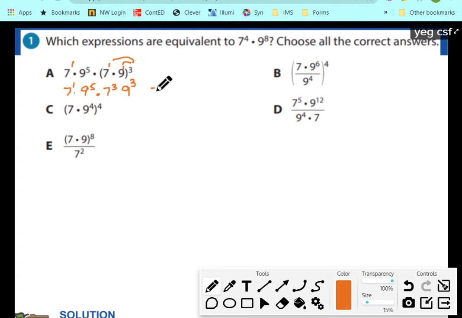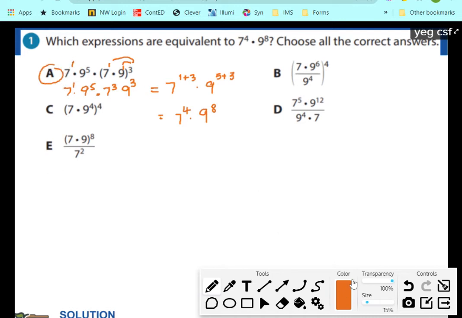Now same bases, add the exponents. So 7 is the same, 1 plus 3, that is 4. And then 9, the base is the same, 5 plus 3, that is 8. So I can write it one more step, 7 to the 4, 9 to the 8, that is a correct answer.